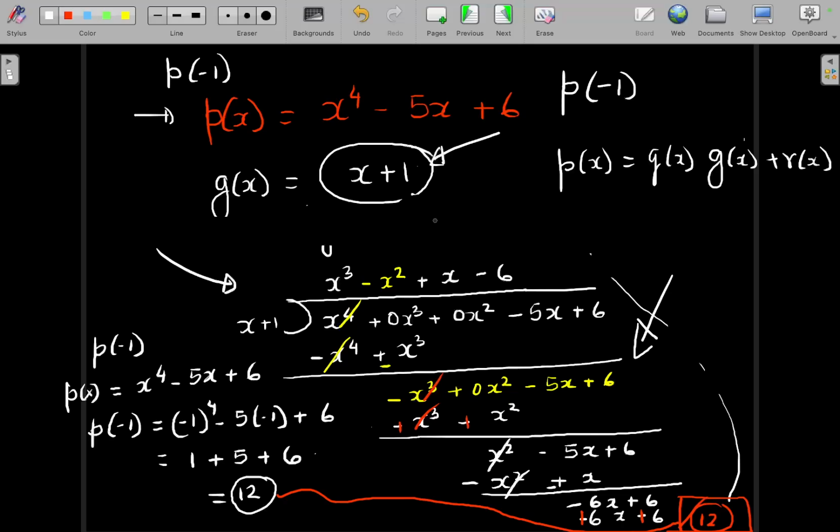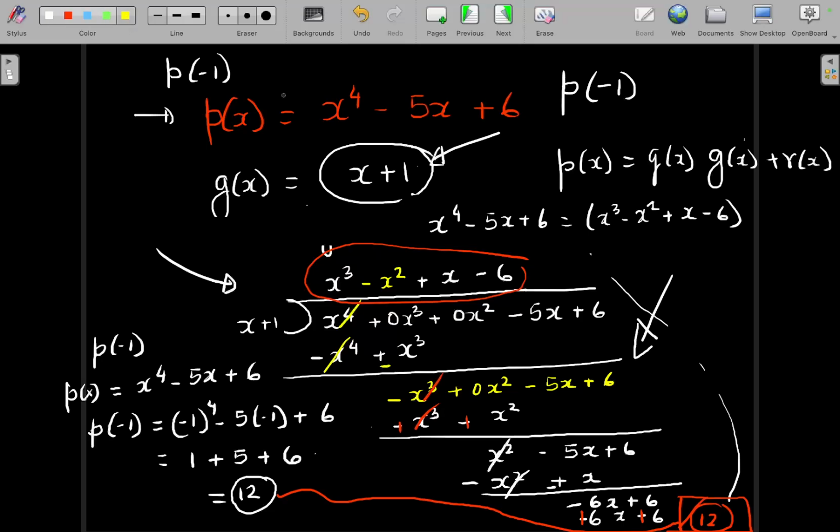So this means that p of x, which is x raised to 4 minus 5x plus 6, and now you can see the quotient here. Where is the quotient? This is the quotient. So quotient is x cube minus x square plus x minus 6. And what is the divisor?